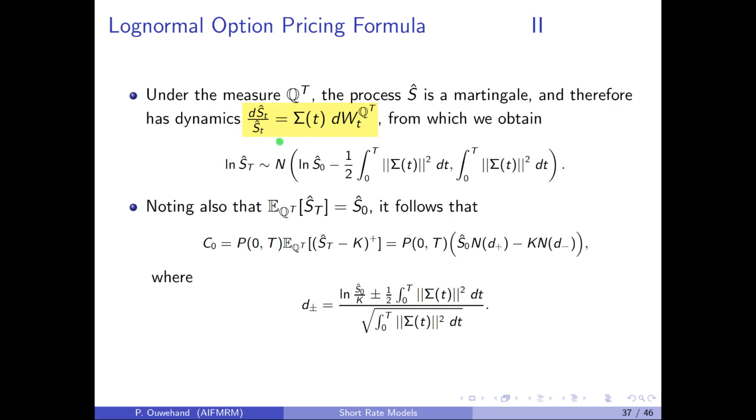Now this is a stochastic differential equation that is very familiar and can be solved using a Doléans exponential, and moreover, since the volatility matrix is deterministic, we'll obtain that S hat t is log-normal under Q_T, and that the ln of S hat t has the following distribution.